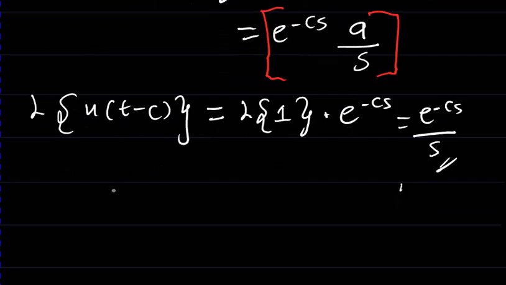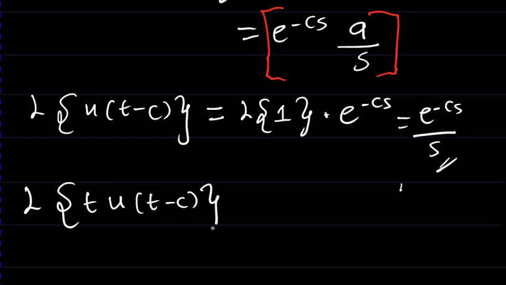Okay, so we can also go further to apply t to what I have. Let's say the function is t this time, not a constant. So invariably we are looking at the Laplace transform of t, then multiply by the shift. So please take note of that.